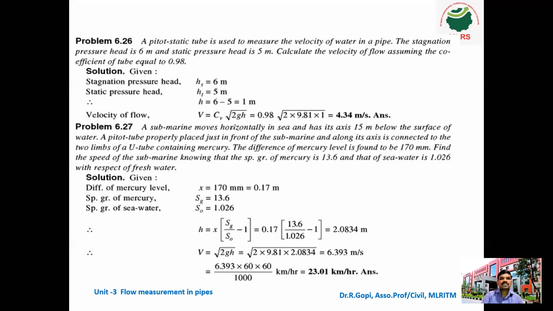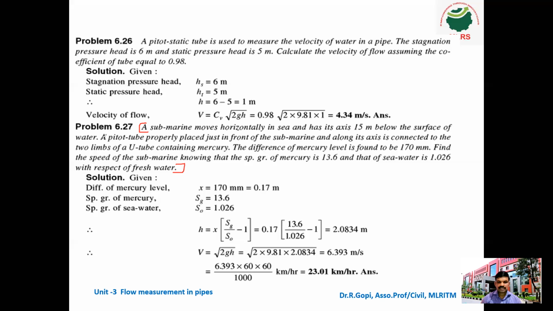So next problem, this is a very, very important problem, frequently asked from the Pitot tube. I will read the question. A submarine moves horizontally in sea and has its axis 15 meter below the surface of water.